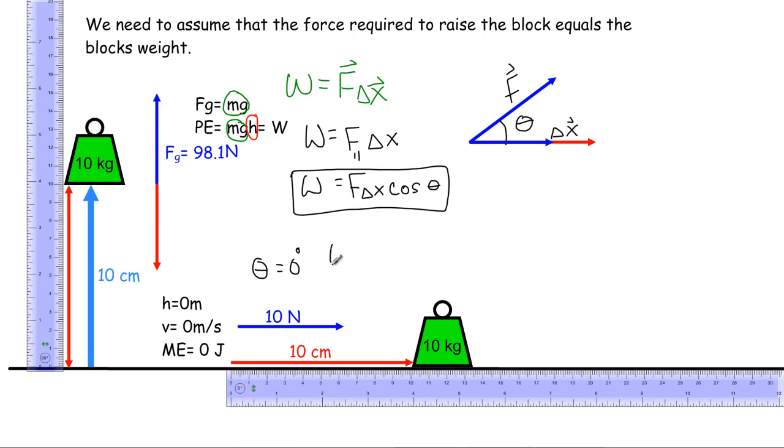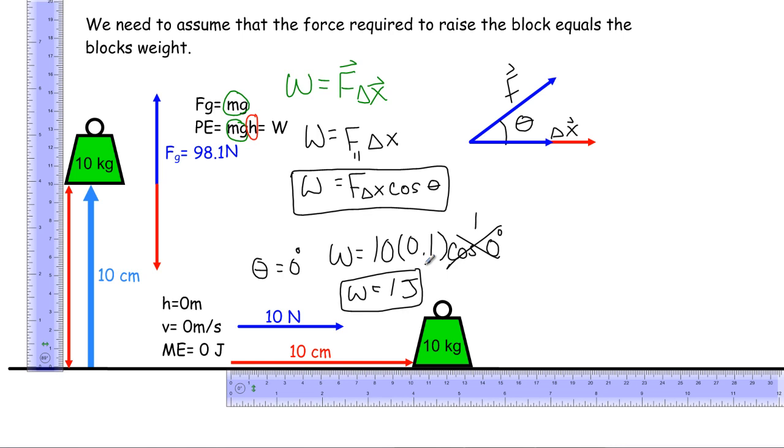And so the work that I do is going to equal my force, which is 10 newtons, times my displacement, which is 0.1 meters, times cosine of 0 degrees. Now, cosine of 0 degrees is just 1. So I'm left with the work that I completed as being 1 joule. All right, so I did 1 joule of work pushing the block 10 centimeters.